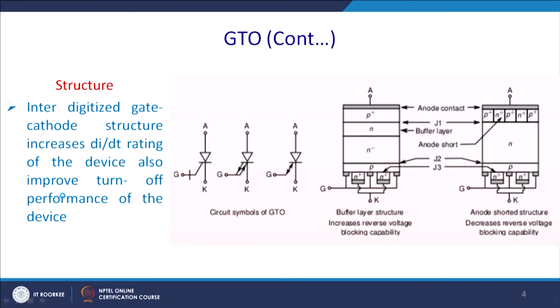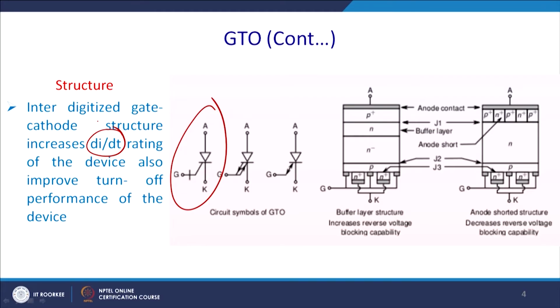So, this is the symbol of it, and bidirectional gate current can be shown like this. Ultimately, the interdigitized gate cathode structure increases the di/dt rating of the device, and also improves the turn off performance of the device.